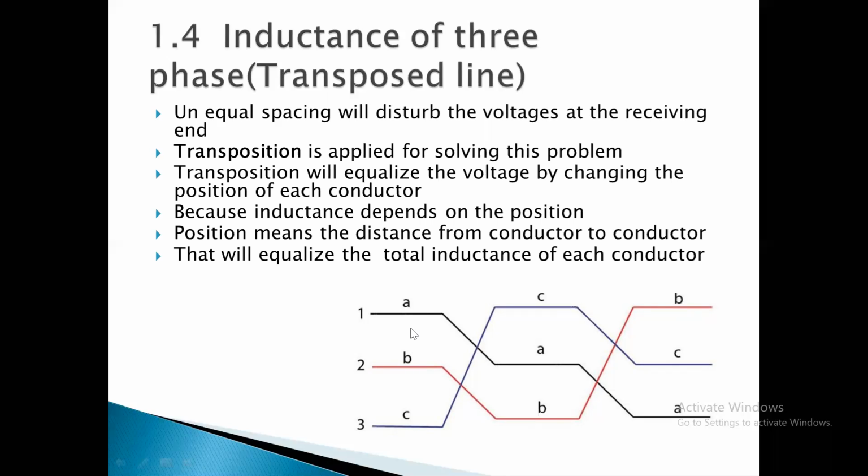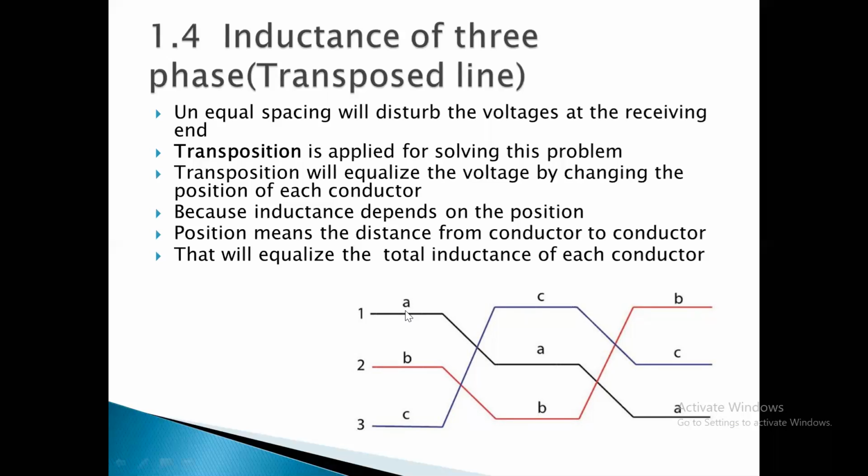of this d2. So what we will do is put this conductor for 1/3 of the length here, then 1/3 here, then 1/3 here, and we will put this conductor 1/3 here, 1/3 here, 1/3 here. So the total inductance should remain the same. As you know, in transmission lines we calculate the inductance per kilometer, such as 20 millihenry per kilometer or 15 millihenry per kilometer, or even less than this.